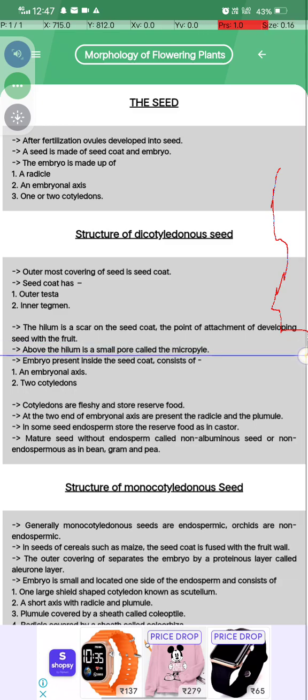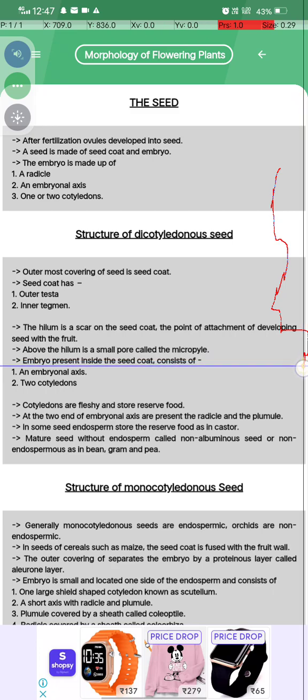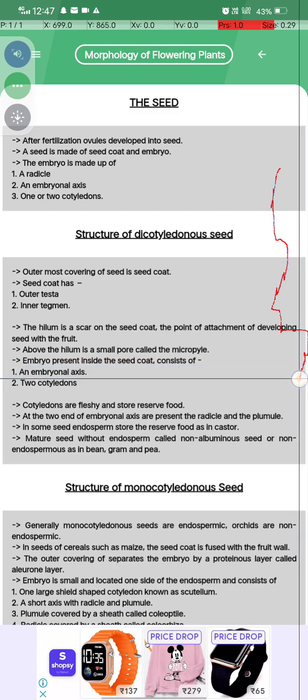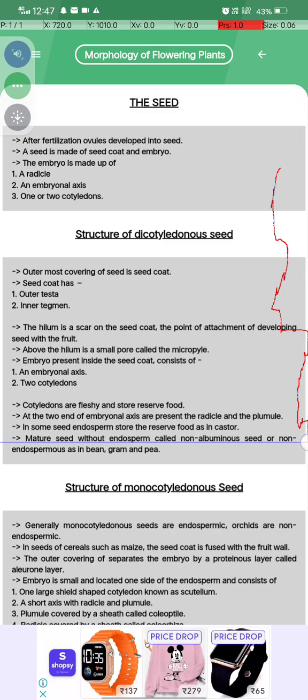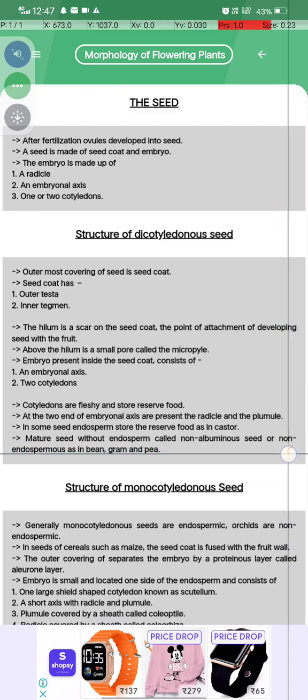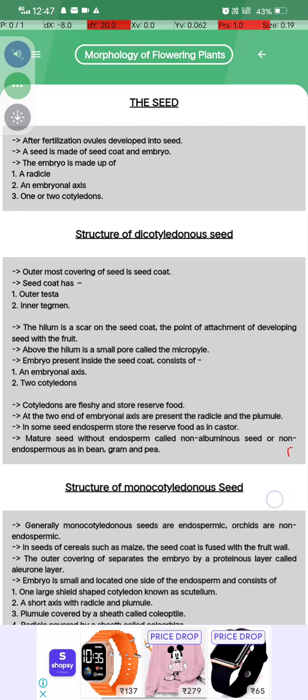Above the hilum is a small pore called the micropyle. The embryo inside the seed coat consists of an embryonal axis and two cotyledons. The cotyledons are fleshy and store reserve food, and at the embryonal axis are the radicle and the plumule. In some seeds the endosperm stores the reserve food, as in castor. Mature seeds without endosperm are called non-albuminous or non-endospermous, as in bean, gram, and pea.